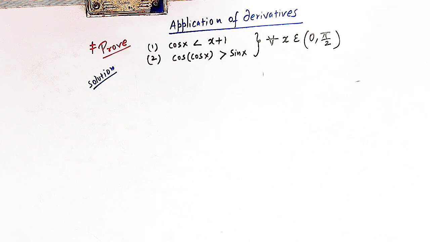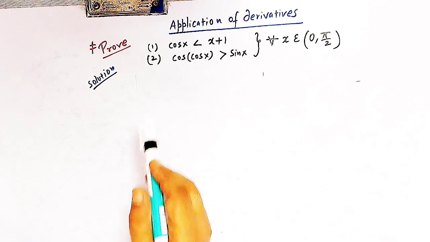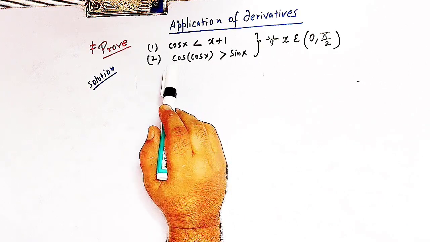Hello viewers, in today's session we are going to discuss some important problems from application of derivatives. So here the problems are related to some important inequalities, and with the help of the concept of increasing and decreasing functions, we'll prove these two important inequalities.